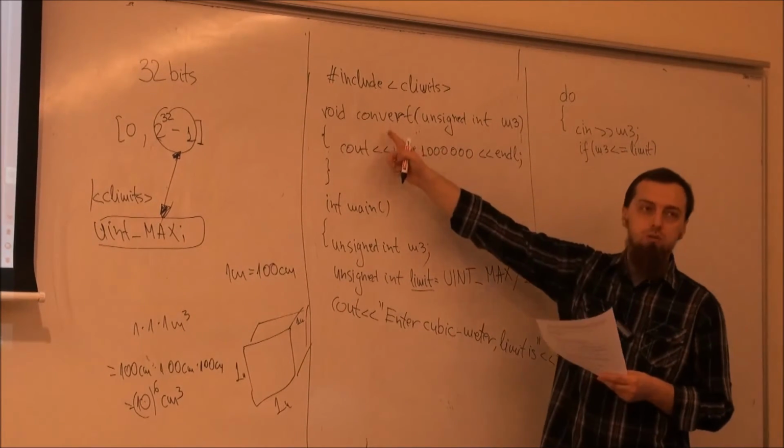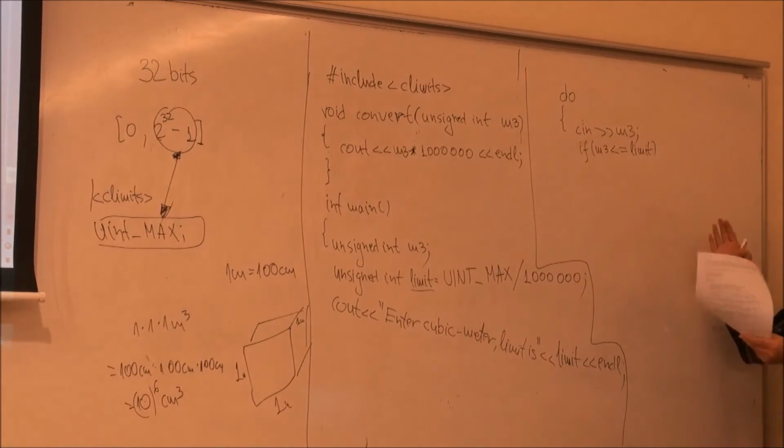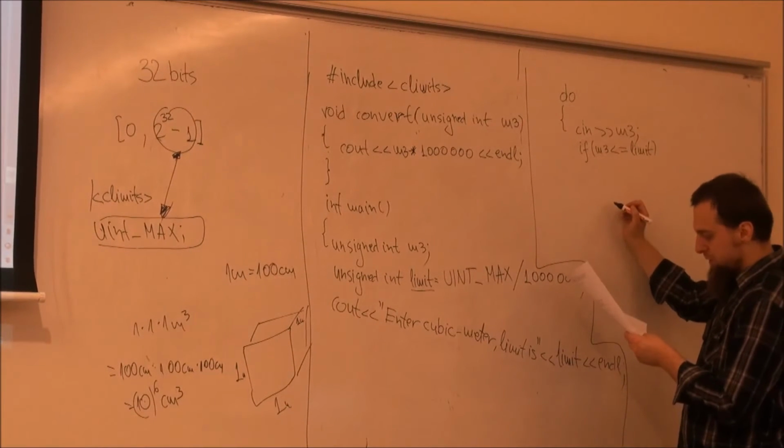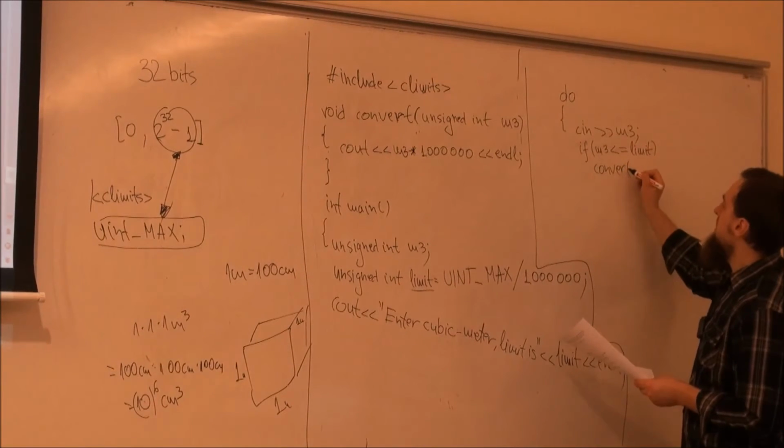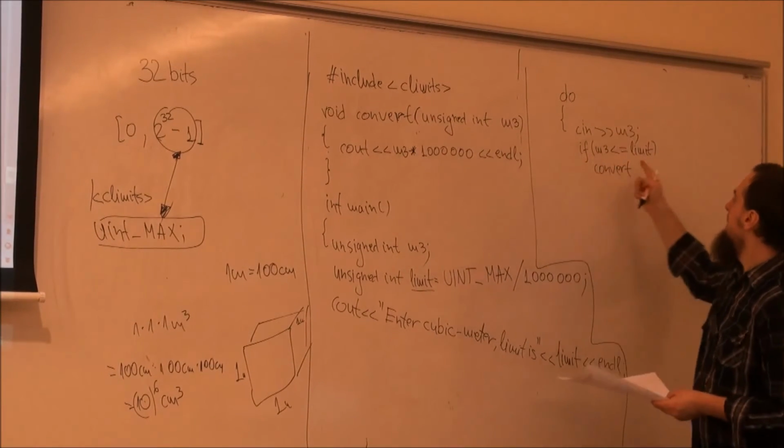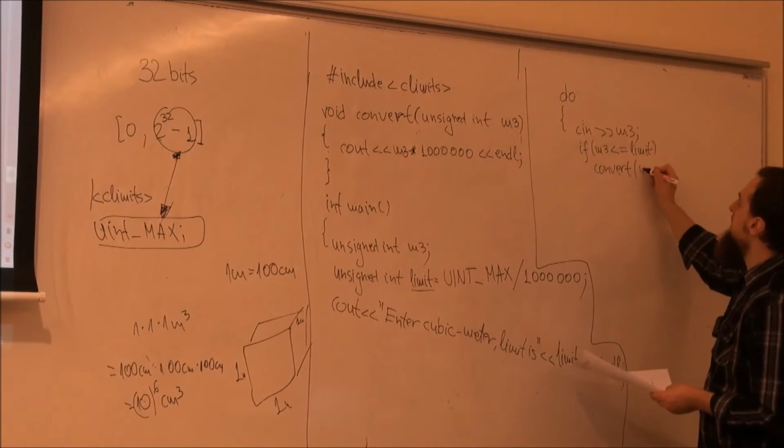I'm calling this function. So I make sure here that I don't have an overflow when I call the function. Then I call convert. This is the name of the function, and I'm sending M3 as a parameter.